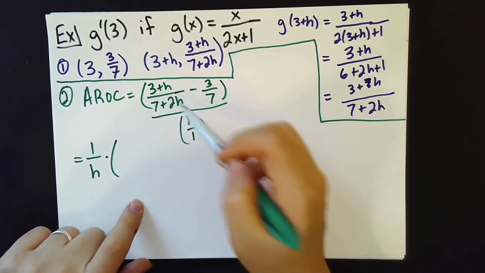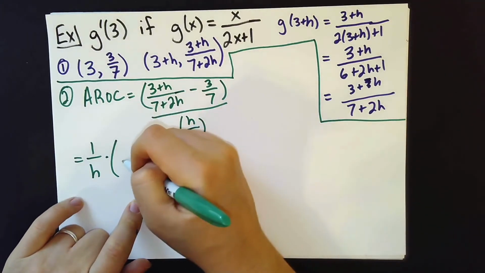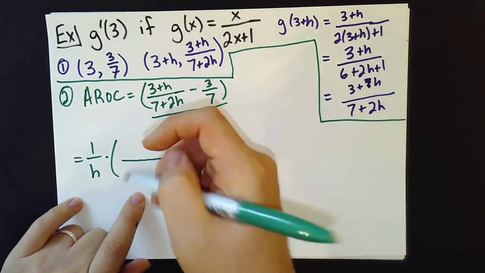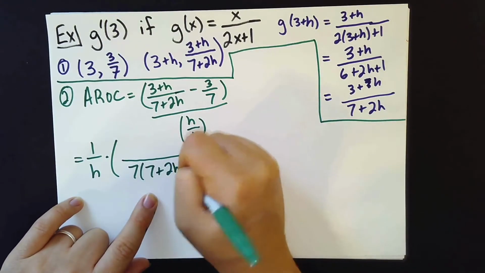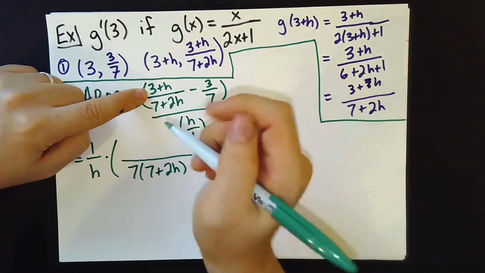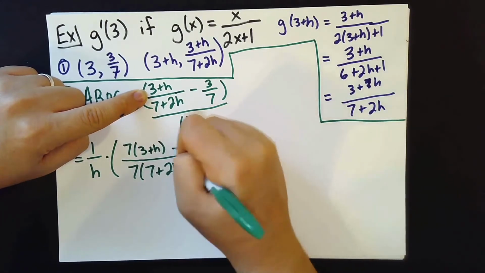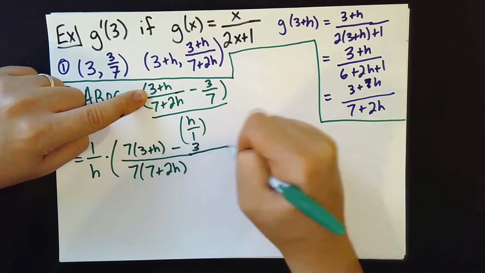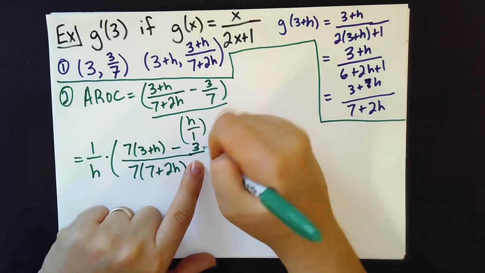And the thing in the numerator I have to rewrite over one denominator. Namely, my one denominator is going to be 7 times 7 plus 2h. Okay. And so this 3 plus h needs to get multiplied by 7. Minus, and then this 3 needs to get multiplied by 7 plus 2h.